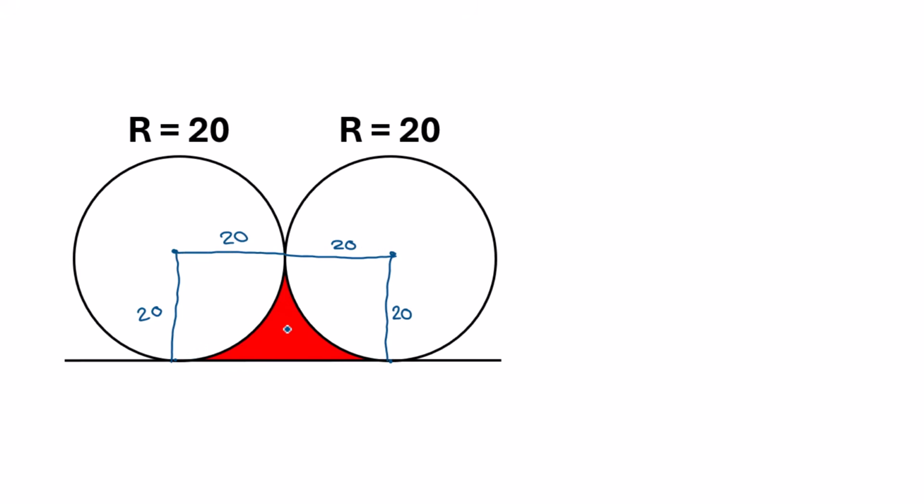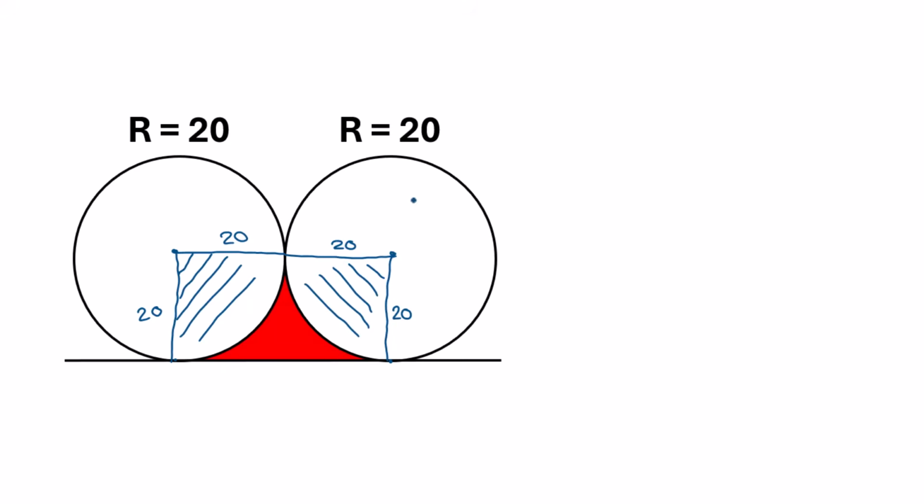Now the red region is this rectangle minus the area of these two white regions, and this white region is the area of a quarter circle, and this white region is also the area of a quarter circle.